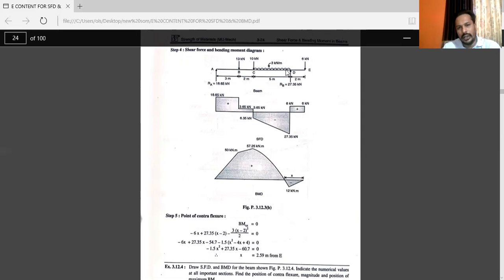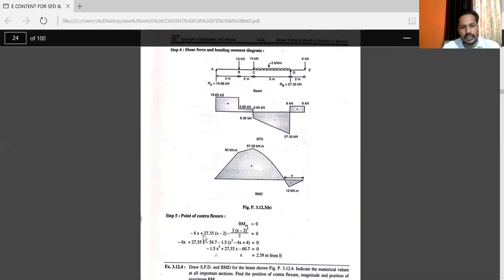So 3 into the distance, which is X minus 2. So 3 into X minus 2, and it will act at a distance of X minus 2 by 2. So minus 3 into X minus 2 into X minus 2 divided by 2. So the term will be 3 times X minus 2 whole bracket square upon 2 is equal to 0.